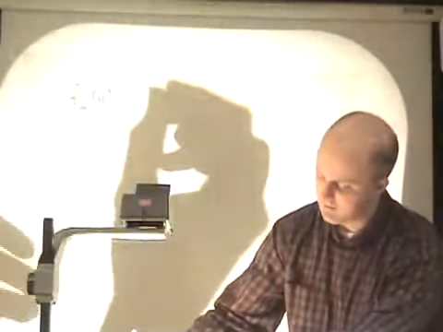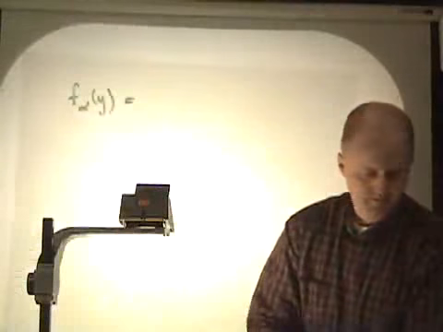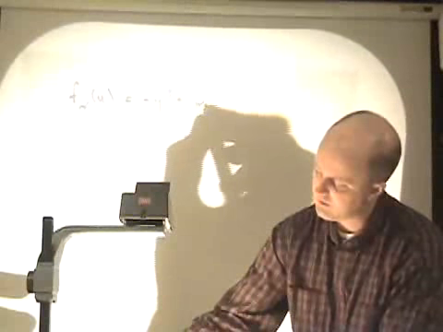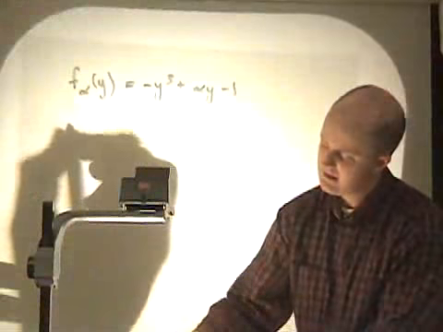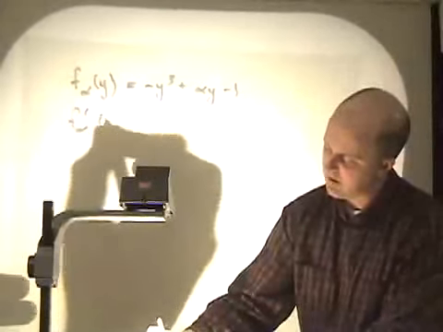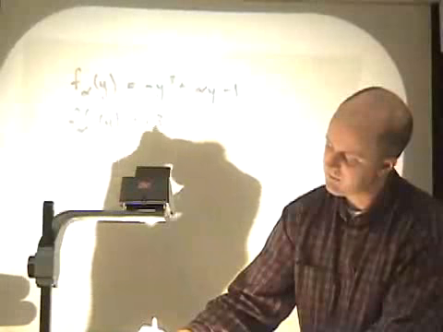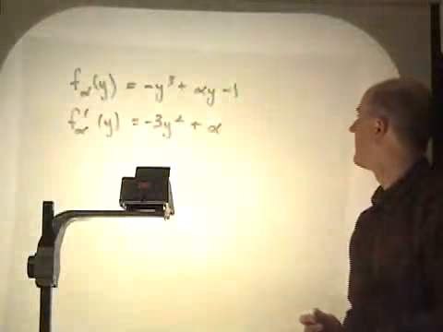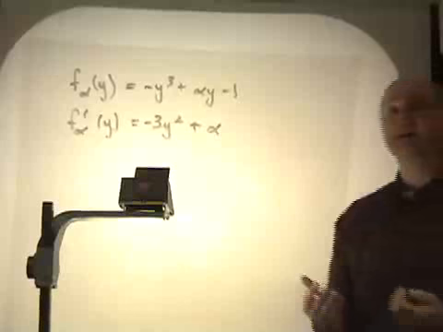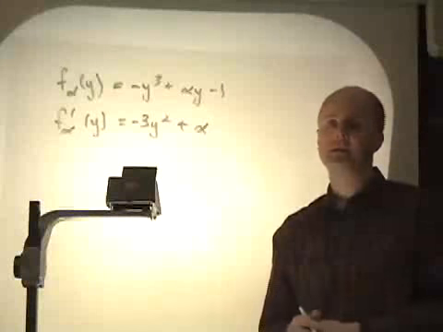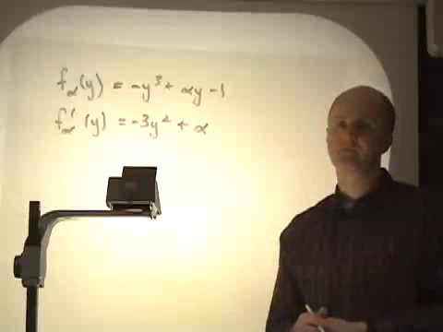Again, f sub alpha of y is negative y cubed plus alpha y minus 1. Its derivative, f sub alpha prime of y, is negative 3y squared plus alpha. We want to find a value of alpha and a value of y that make both of these equal to 0 simultaneously.